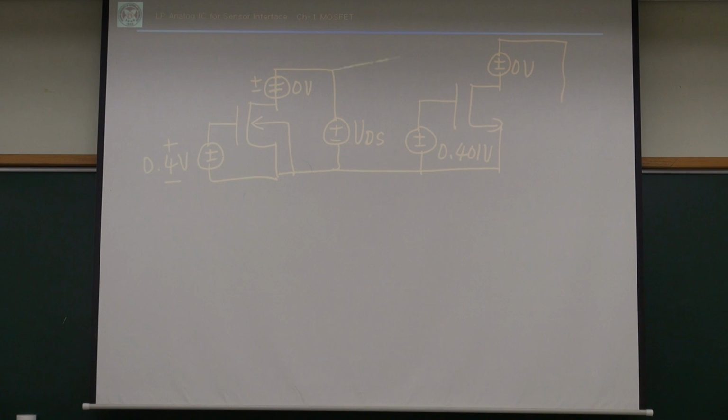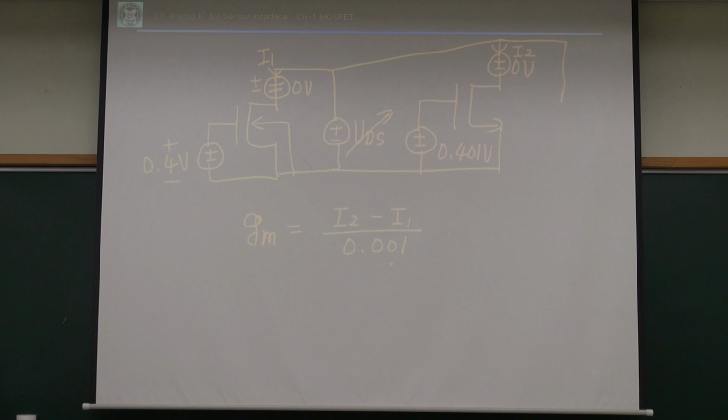Okay, this is connected there. I will change this one. So I can calculate this I1 and I2, and then my GM is just I2 minus I1 divided by 0.001 volt, right? That's my GM.